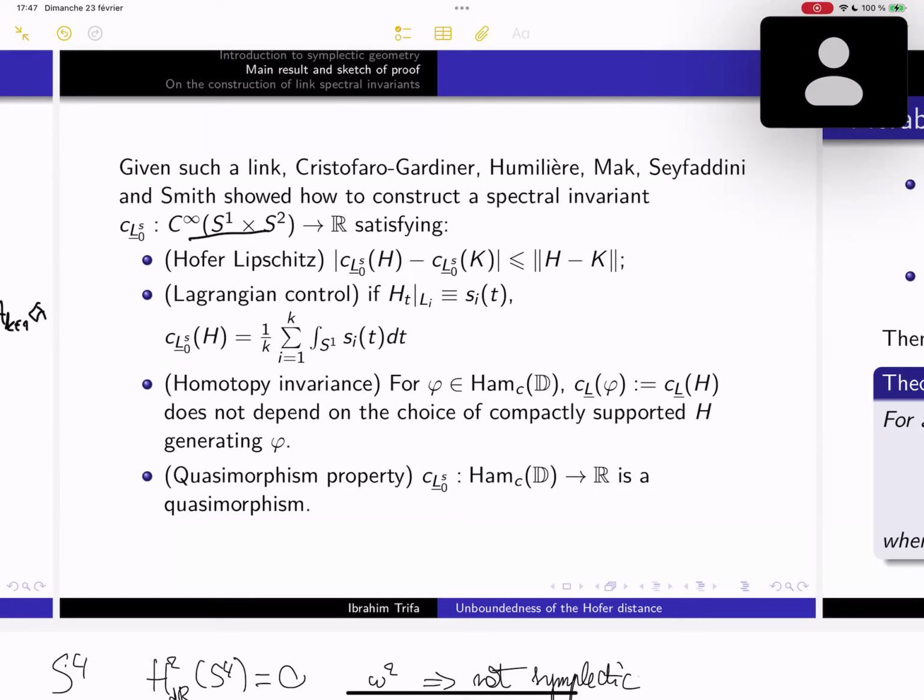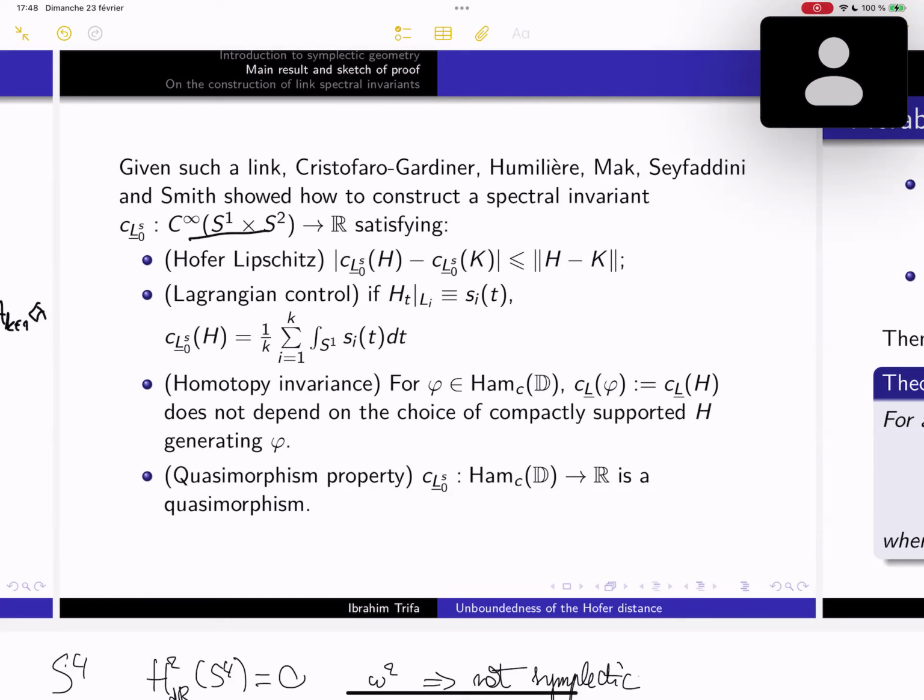It's also homotopy invariant. So if I take a Hamiltonian diffeomorphism phi of the disk, I can pick a Hamiltonian function supported inside the disk generating phi. Then I embed it into the sphere, and I compute c_L of H inside the sphere.